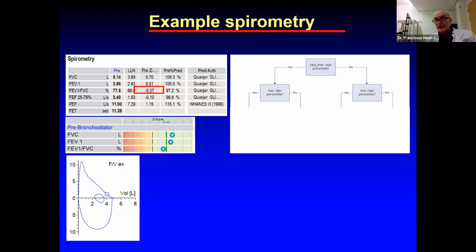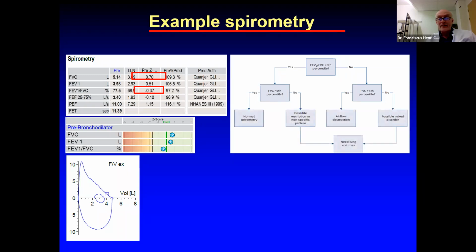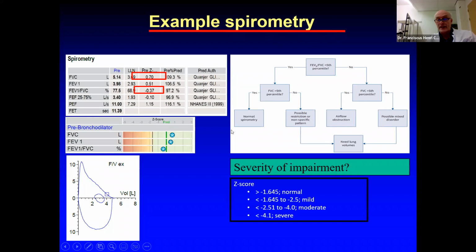Yeah, it's above the fifth percentile. So what we then do is we go to the FVC and we study the FVC. Well, the forced vital capacity in this case is also normal. So from the FEV1 over FVC being normal and the FVC being normal, we end up with a normal spirometry.